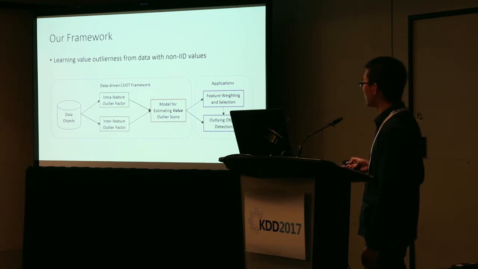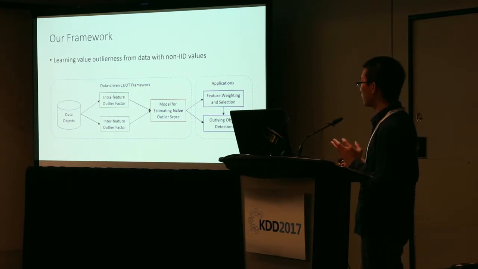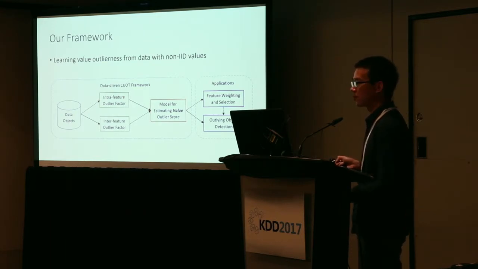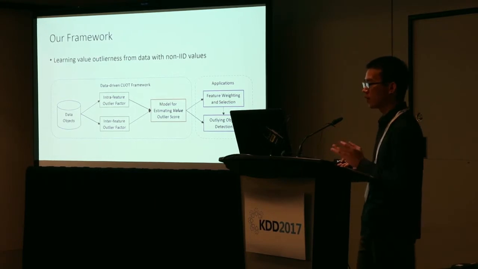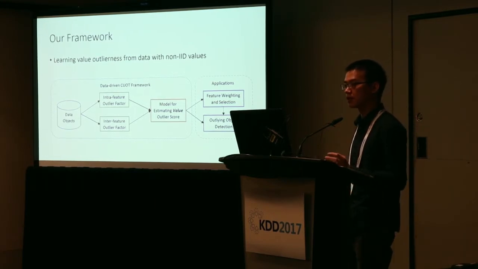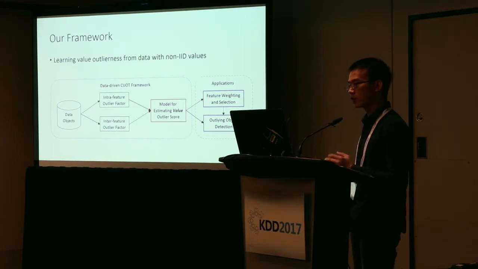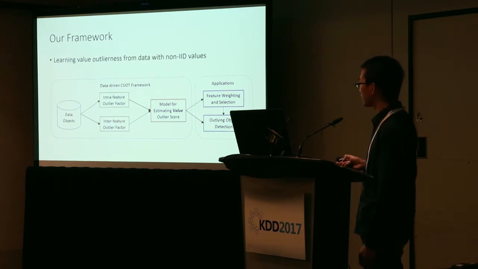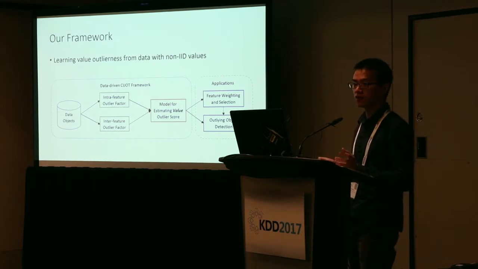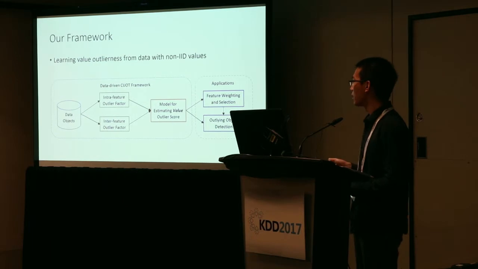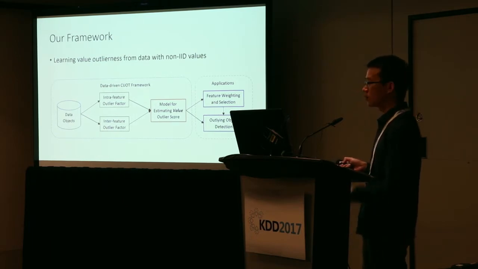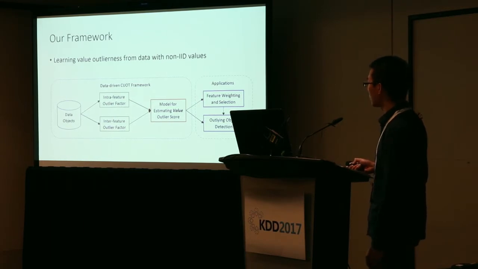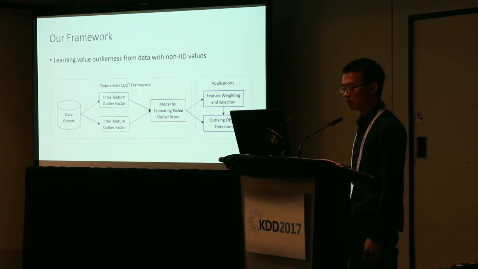We are focusing on learning the value outlierness rather than the popular paradigm, which is pattern based, because we are working on categorical data. Due to the discrete nature, most existing work tries to find the frequent patterns as normal patterns and infrequent patterns as abnormal patterns, and uses the pattern outlierness to calculate the data object outlierness.